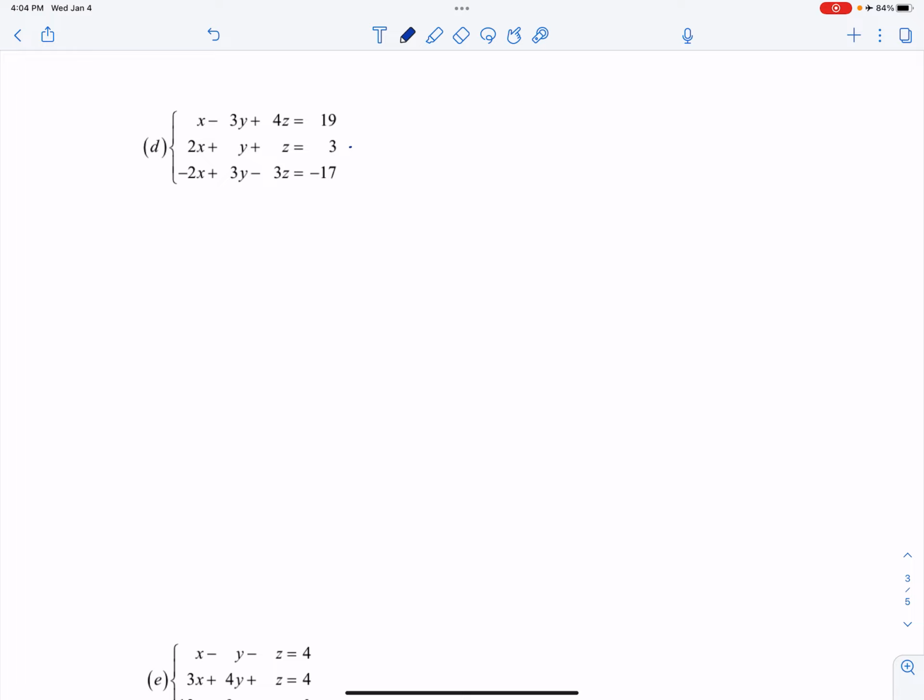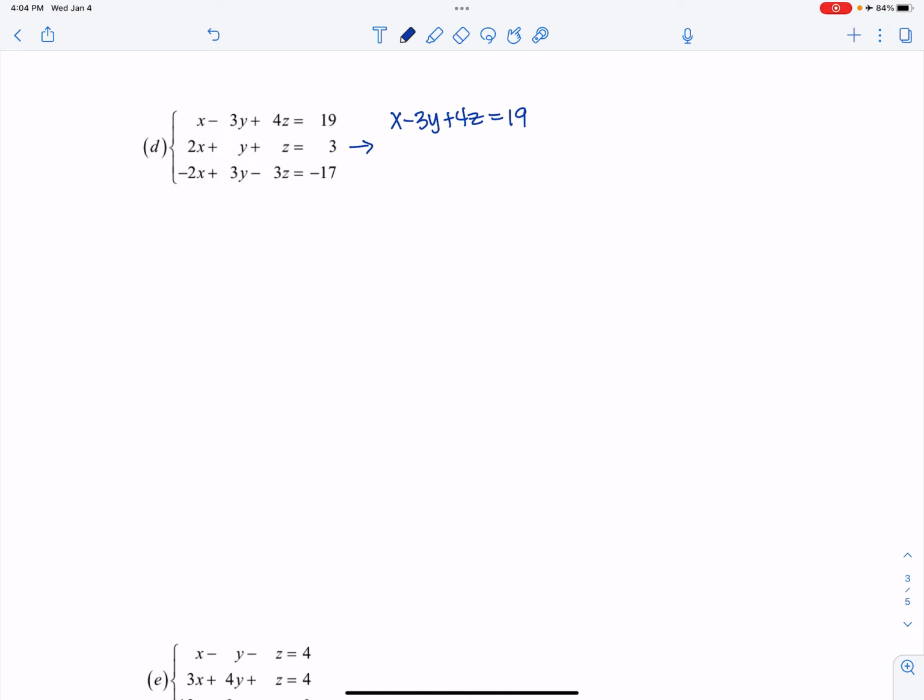So from here, what I'm going to do is add the second row to the third row and rewrite the third row with the sum of the second row and the third row. So the top row, the first row, I'm going to leave the same, x minus 3y plus 4z equals 19.